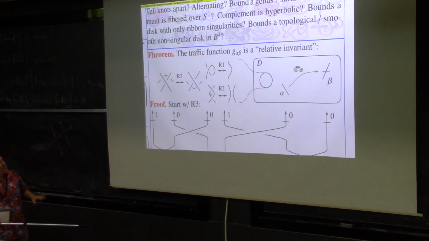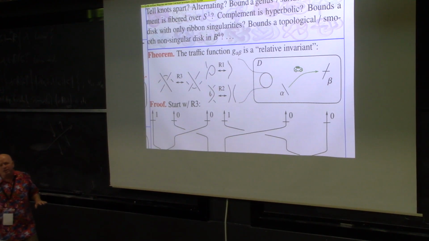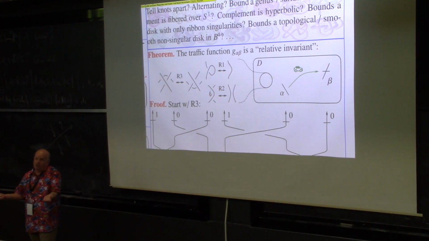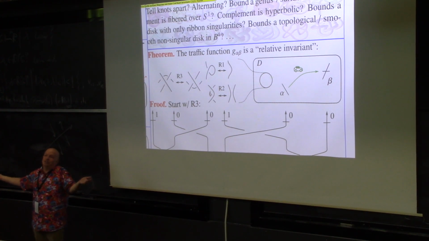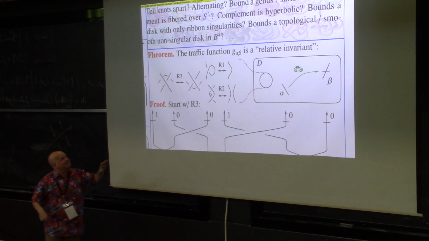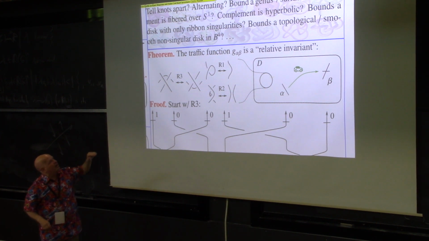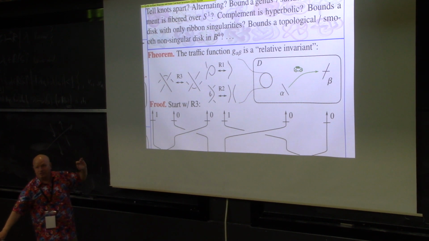Okay? So the theorem says that the traffic function, well, I wish I could tell you that it's a knot invariant, but it's not a knot invariant. It depends on at least three more things. It depends on where you've cut the knot open, and alpha and beta. So I'm not asserting it's a knot invariant, I'll only assert that it's what I'll call a relative invariant.